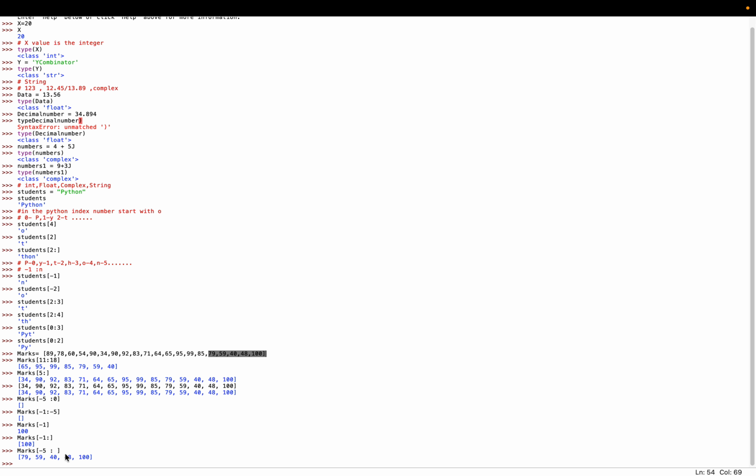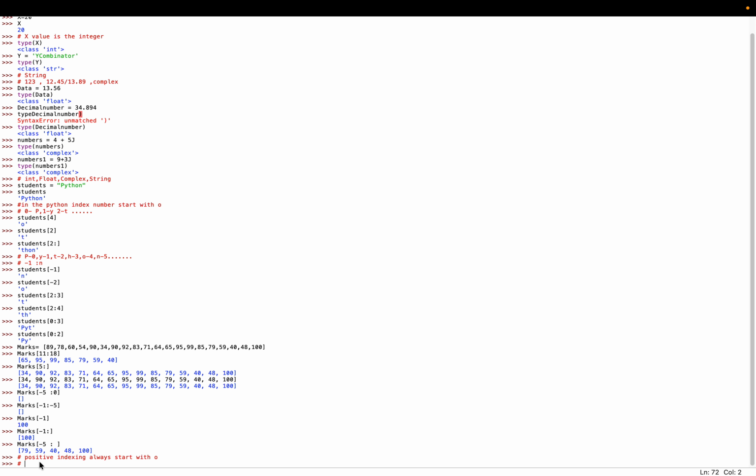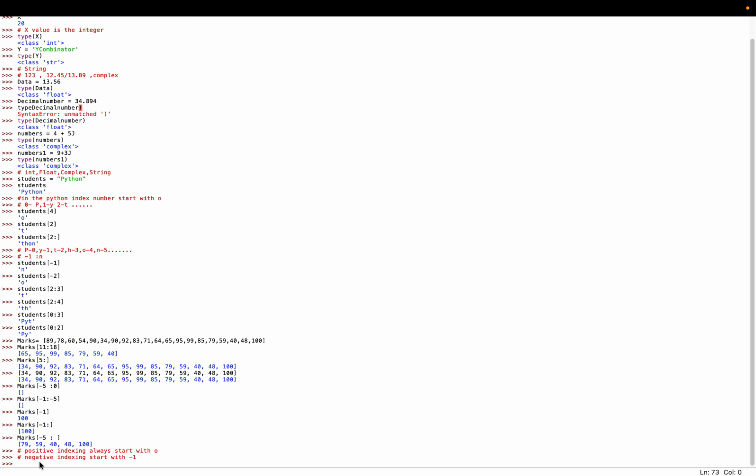Positive indexing always starts with 0. At the same time, negative indexing starts with minus 1. Okay, if you know these rules, you can find out the same way I am finding it.